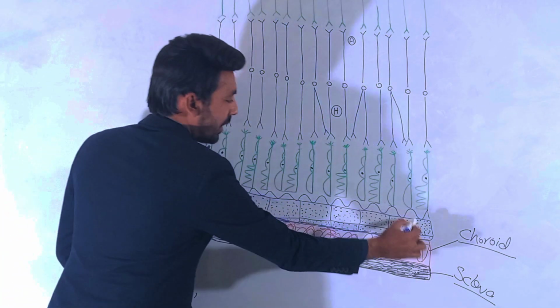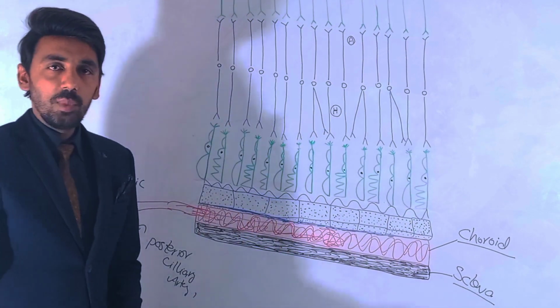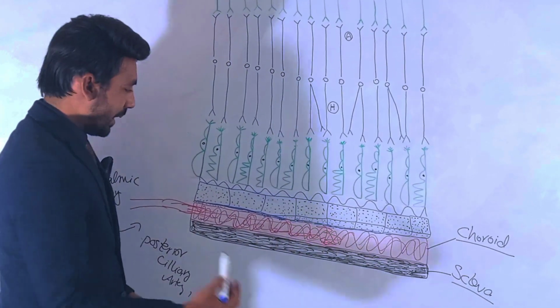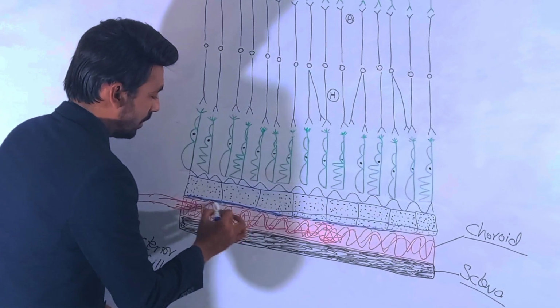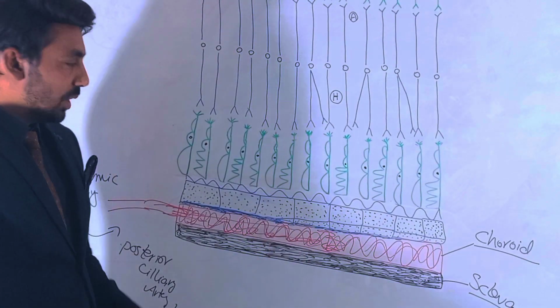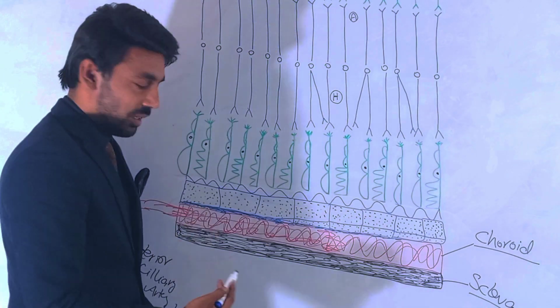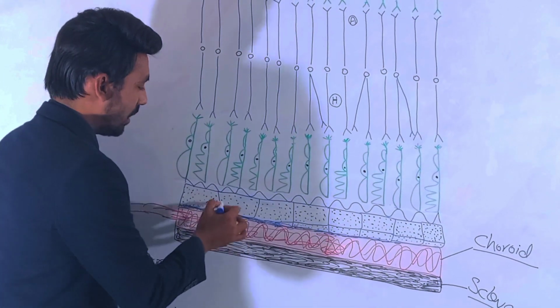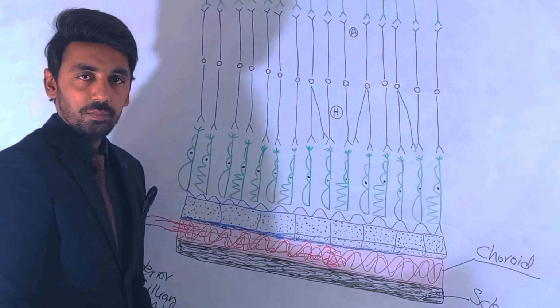This portion in the blue marker is the retinal pigmented epithelium. So there is a blood retinal barrier in the retinal pigmented epithelium. So this blood retinal barrier will resist the outflow of the blood into the sensory layer of the retina.